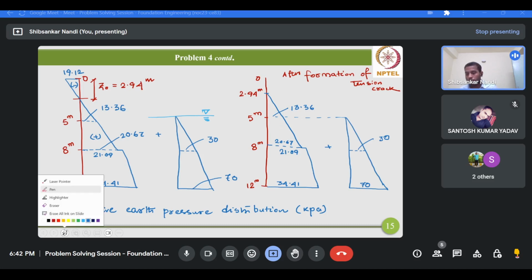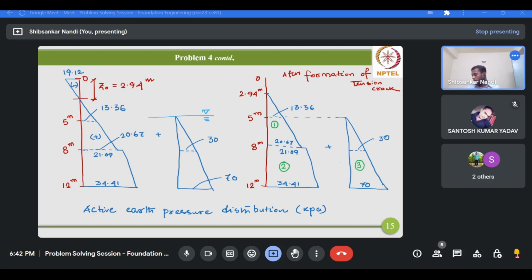I can split this diagram as one, or the total one as one, then two, and this one is three.